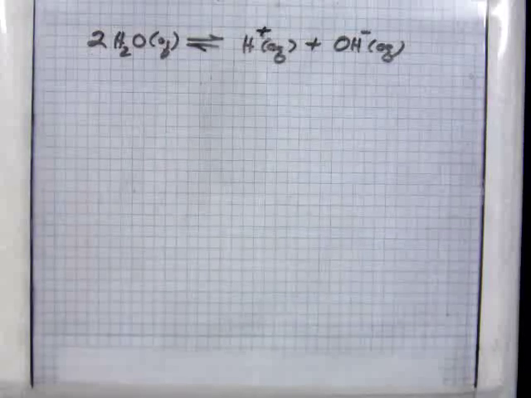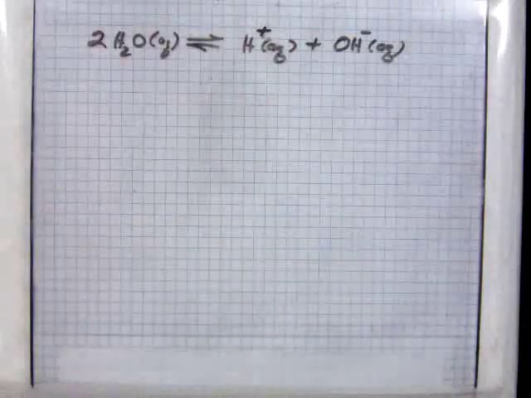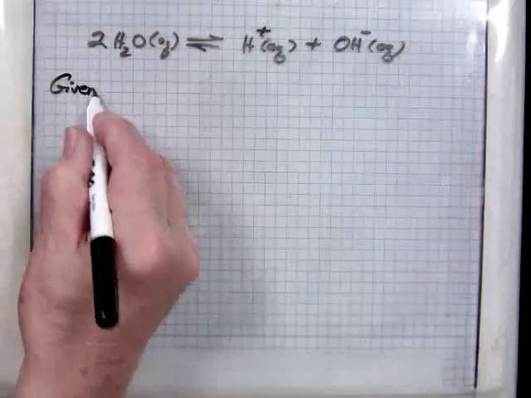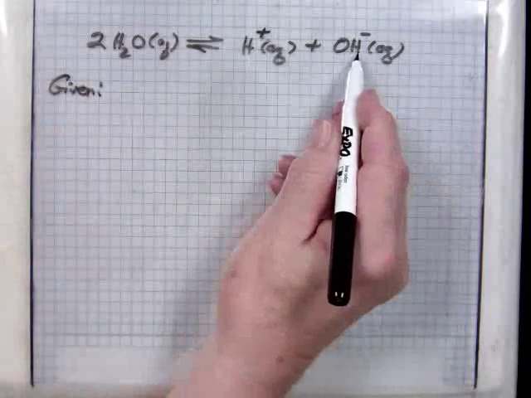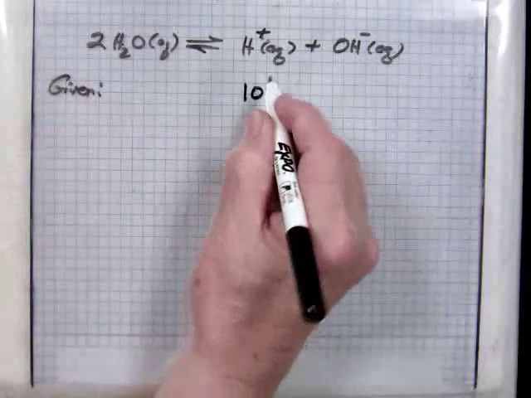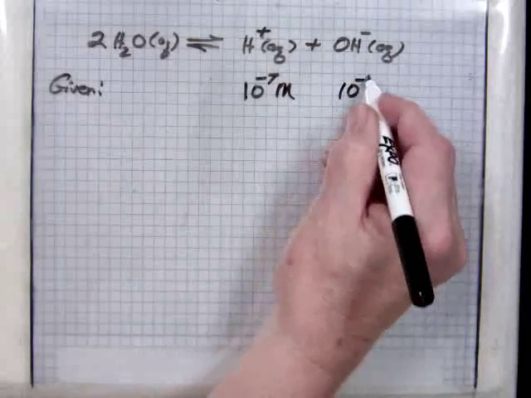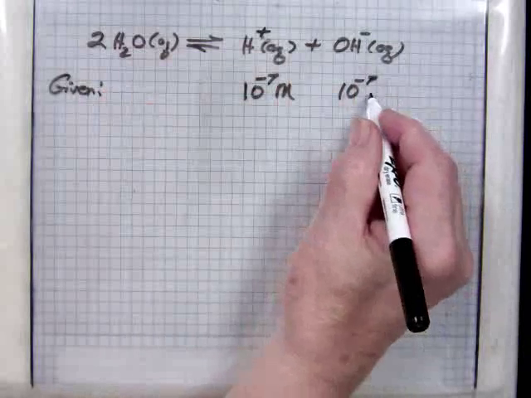Now, when we consider this autoionization reaction, you are given the concentrations of the hydronium ion, and I'll call the H+ the hydronium ion as we go through this, and the hydroxide ion concentration. It turns out that they are 10 to the minus 7 molar each, equal, because it's a 1-to-1 ionization off of the H2O.